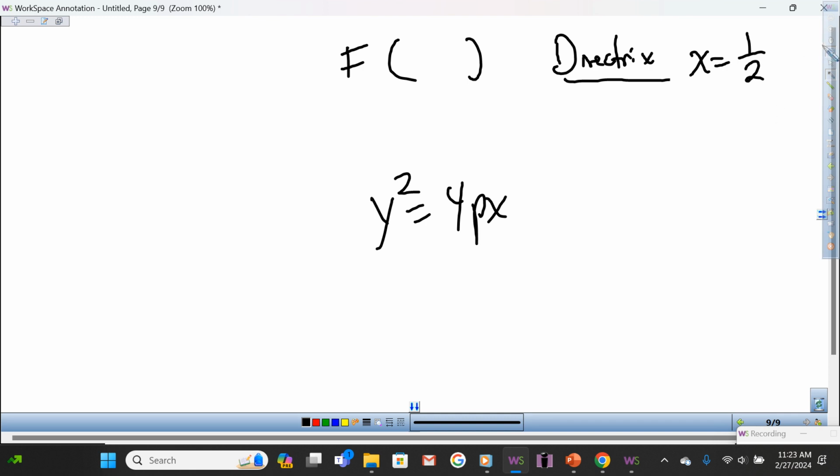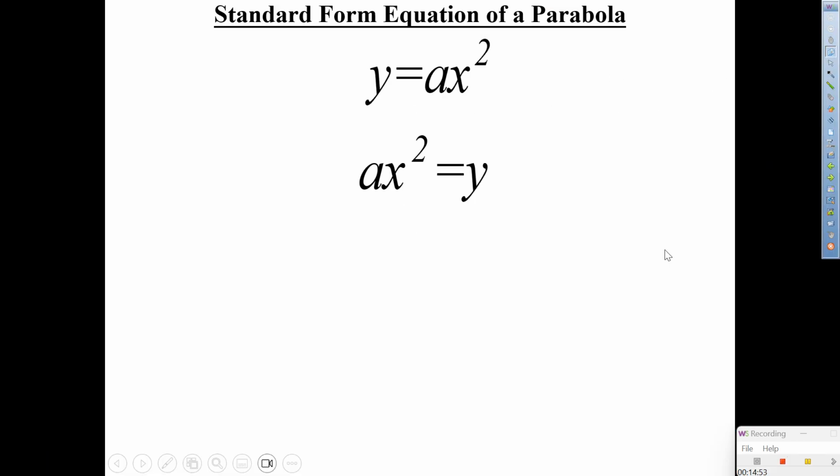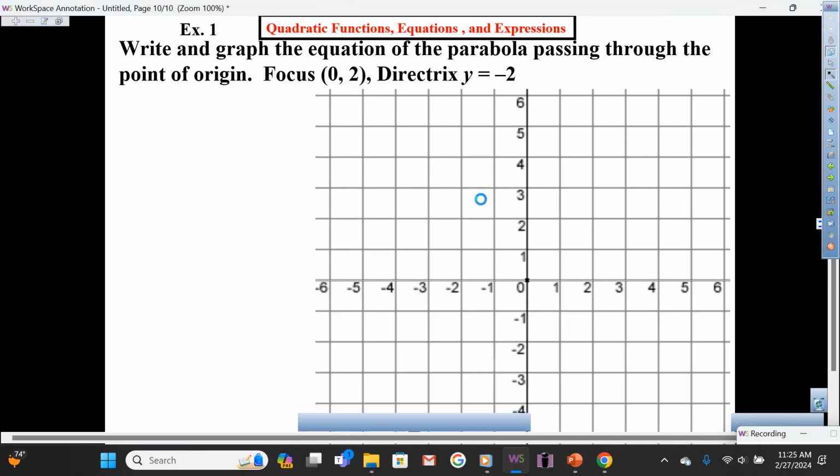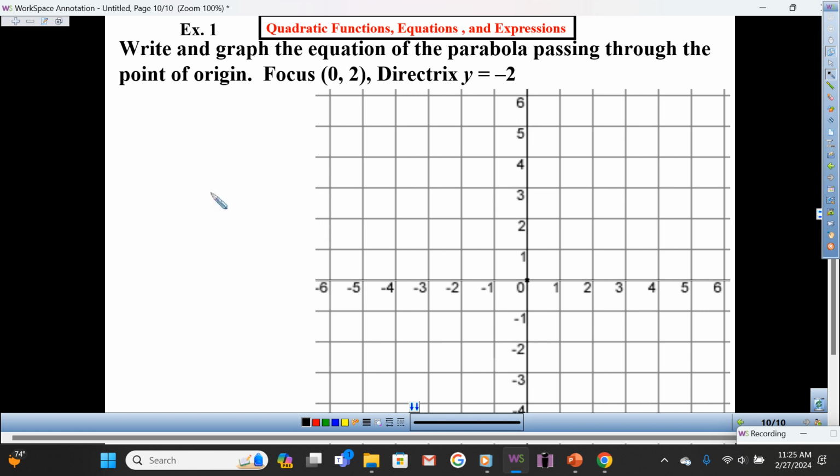So, writing utensils down, look up to the screen. Focus 0, 2, directrix y equals negative 2. Tell your neighbor, what equation shall we use for that one? John, go. What equation?